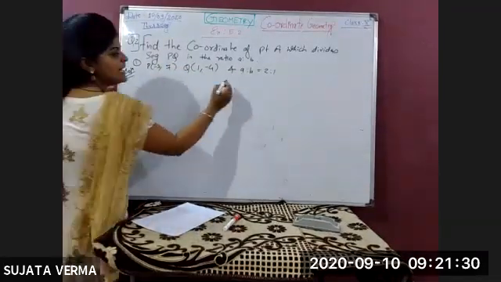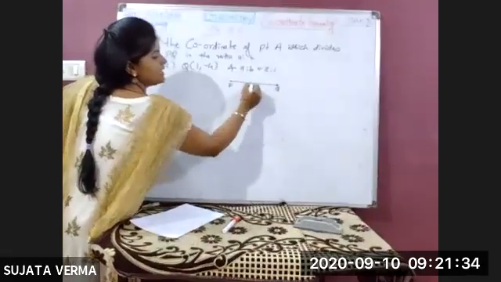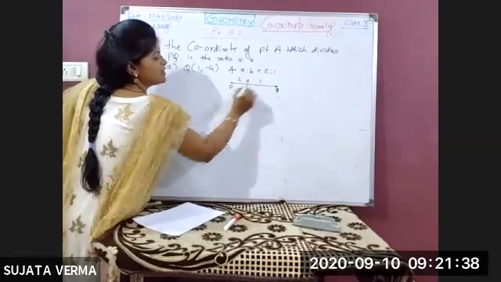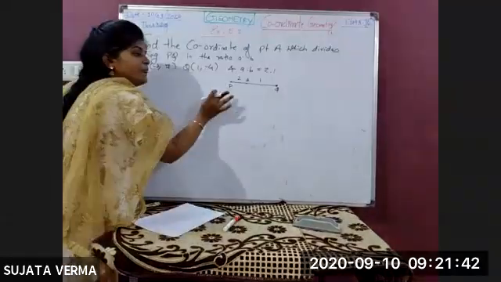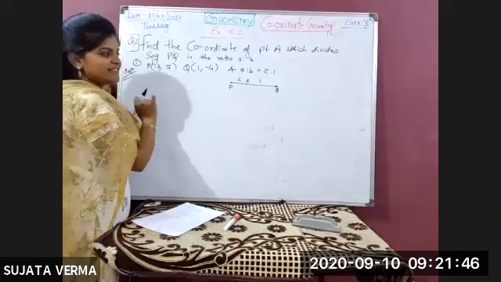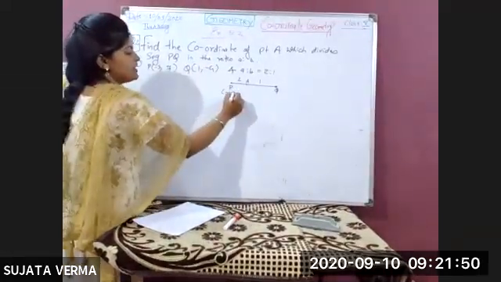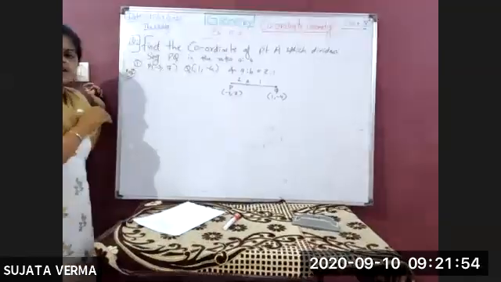First, we draw a line segment PQ, and A is the point which divides line segment PQ in the ratio 2 is to 1. If you draw the line first, then it's very easy. P is -3, 7, Q is 1, -4.